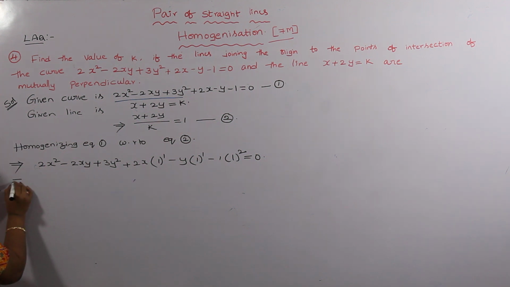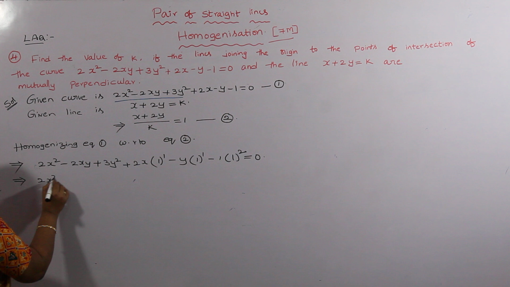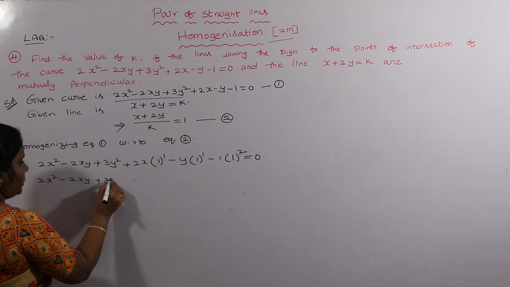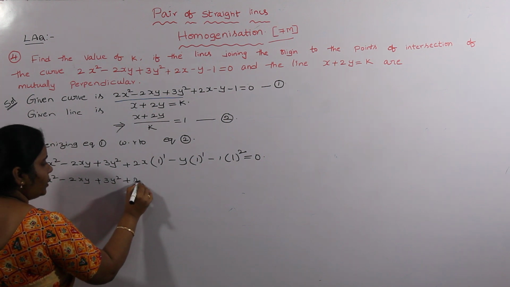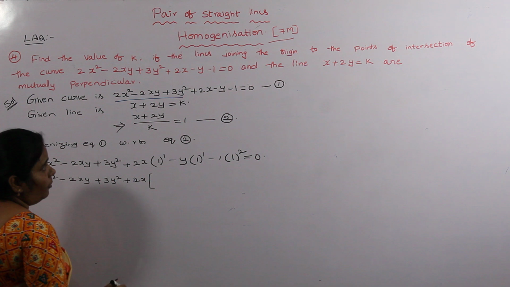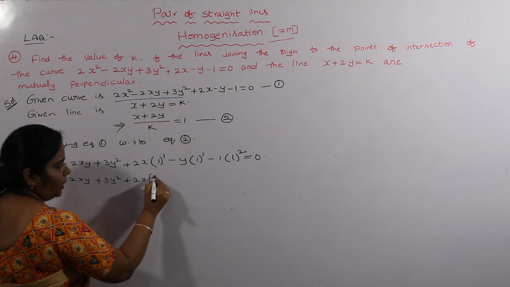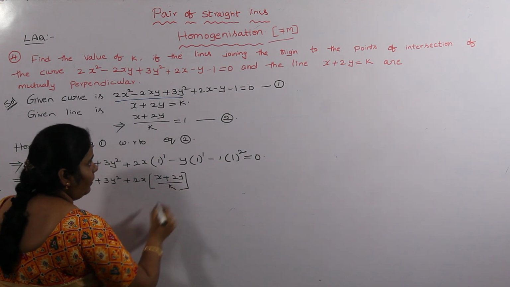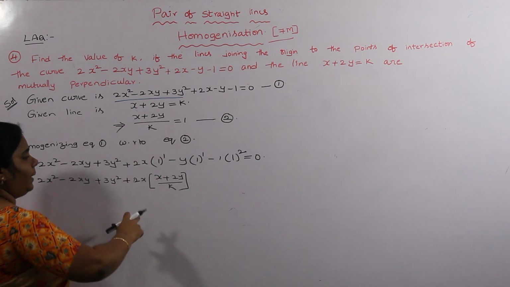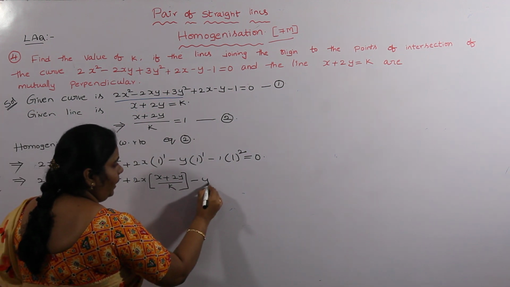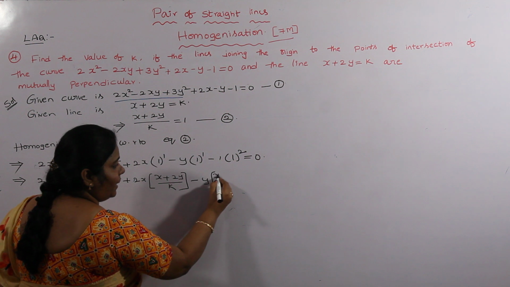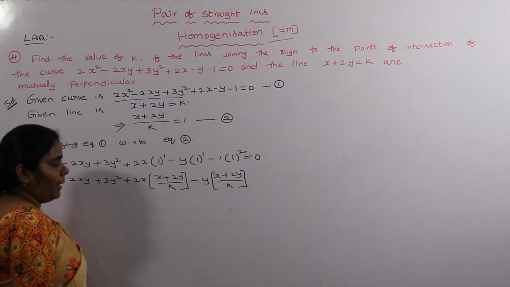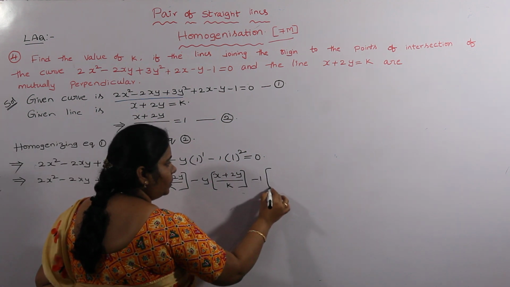That implies 2x square minus 2xy plus 3y square plus 2x into 1, which is x plus 2y by k, minus y into 1, which is x plus 2y by k, minus 1 into 1 square.